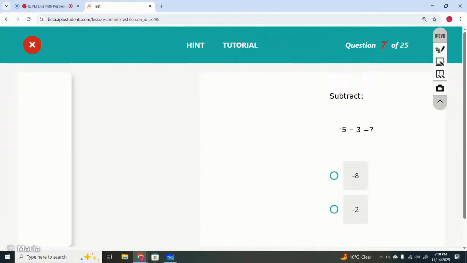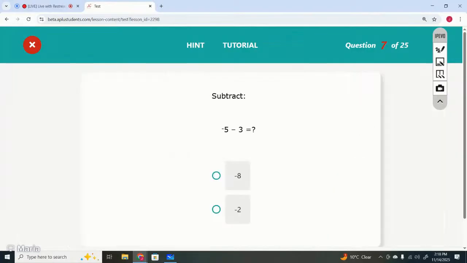Option number 1 is the correct option. -5, -3. So which is the correct option?